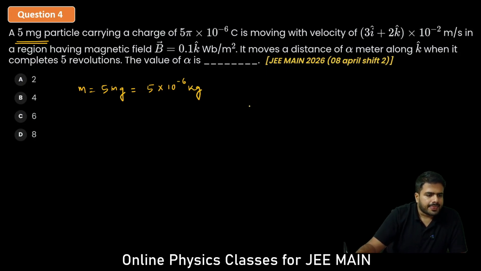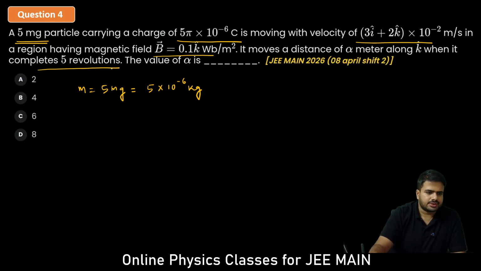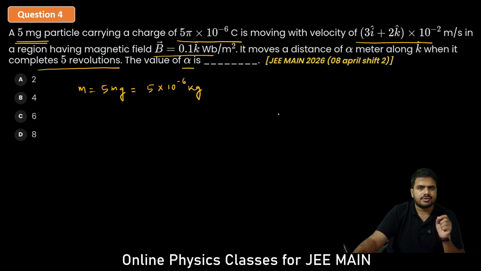Carrying a charge of 5 pi into 10 to the power minus 6 coulomb, moving with a velocity given, in a region of magnetic field of 0.1 k cap, it moves a distance of alpha meter where it completes 5 revolutions. Then the value of alpha is. Okay. See this question very carefully.